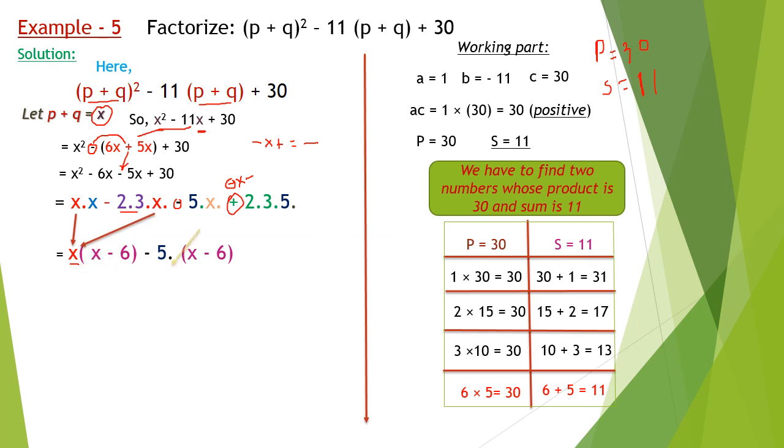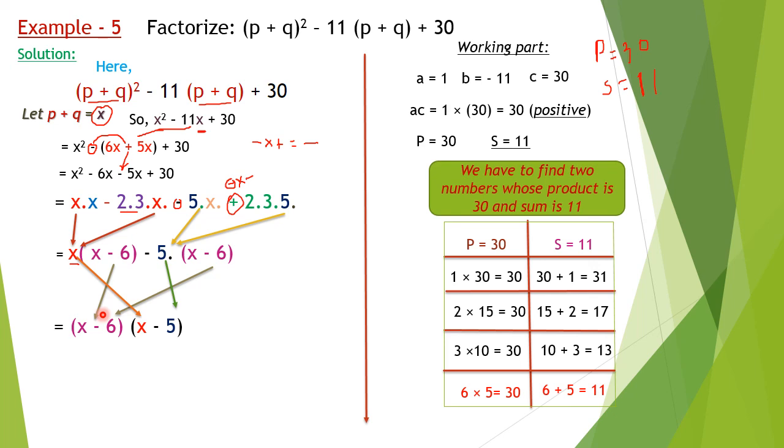X is common from the first two, and 5 is common from the last two. All the remaining is written there, x minus 6. Now from these two terms also, x minus 6 is common, so x minus 6 is written, shown by the arrow, and the remaining is also shown by the arrow.